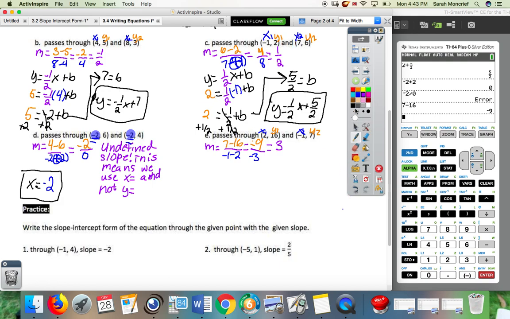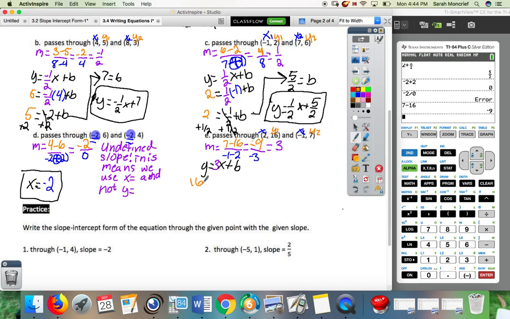Since we have that, let's go ahead and plug it in. We should have y is equal to 3 for m, x plus b. Do I have a b? No, I do not. So what does that mean I need to do? I need to plug in an x and a y. Let's just again use my first ones. So I'm going to plug in 16.